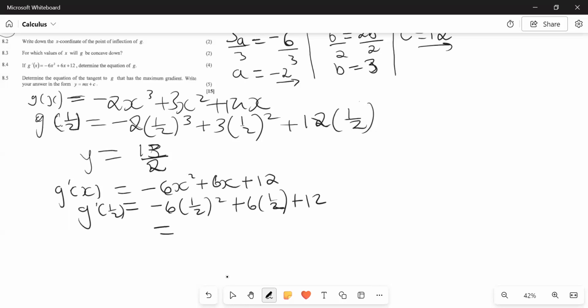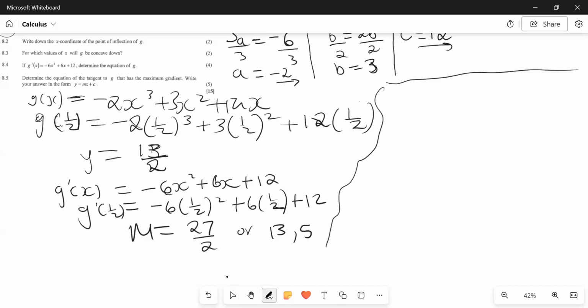This becomes our gradient, and we get 27/2, which is equivalent to 13,5.